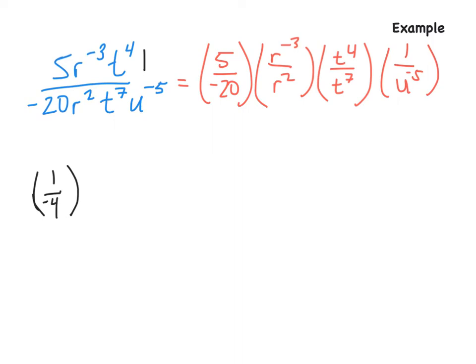Now if we do r to the negative 3 divided by r to the second, remember that is basically r to the negative third minus 2. So that would just be r to the negative 5.